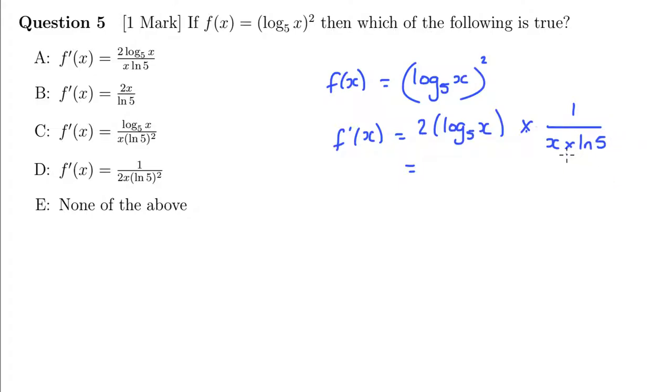Okay? So if we were to times these things together, when you times fractions and one's not a fraction, you can make it a fraction by making it over 1, and then we can times the tops together. So we get 2 times log to the base 5 of x, times 1, over 1 times x times ln 5.